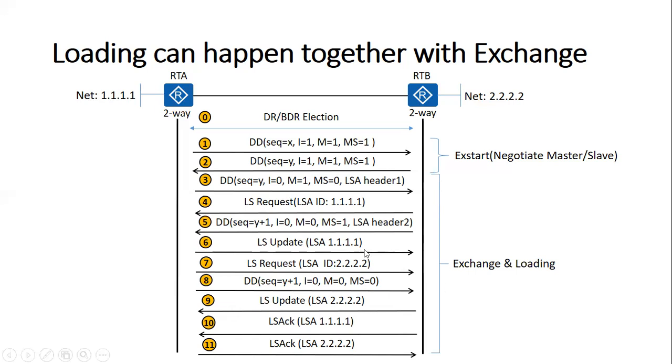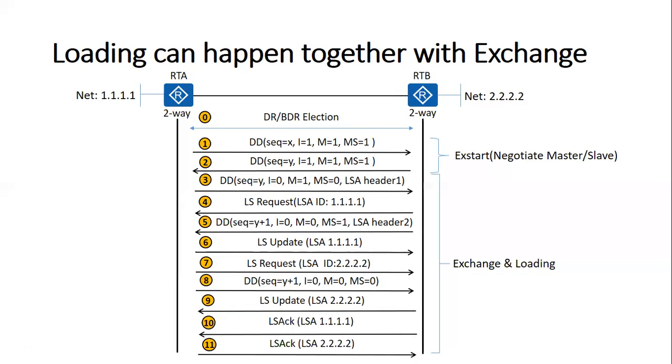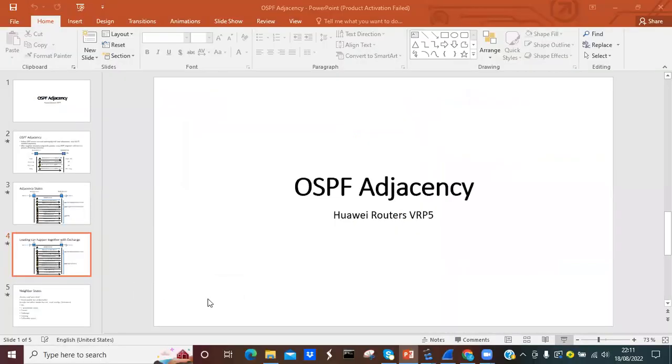Once that is completed, that we have received all the link state information that we do not have, the router will transition to full. So after exchange is done and loading is done, the router transitions to full.